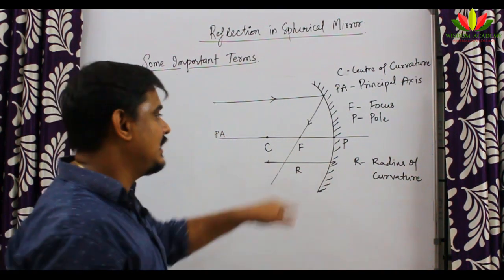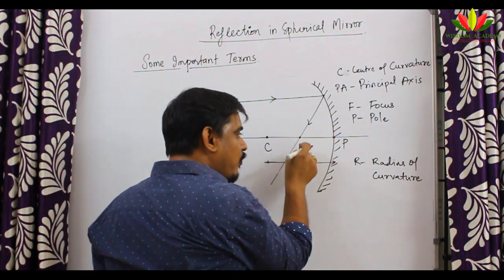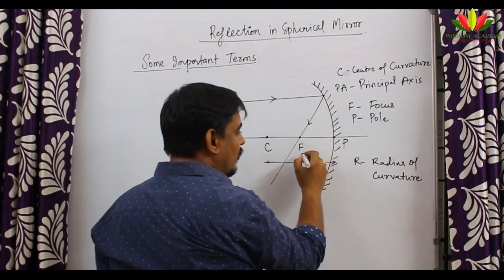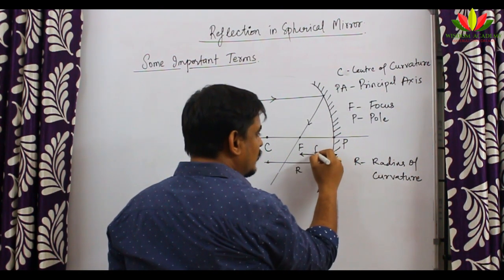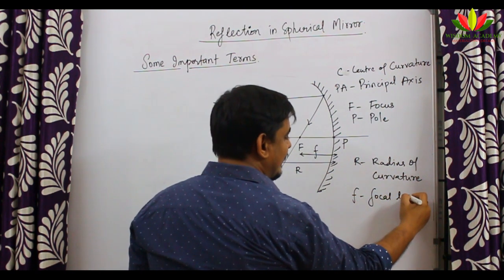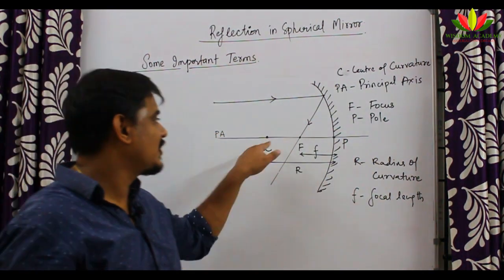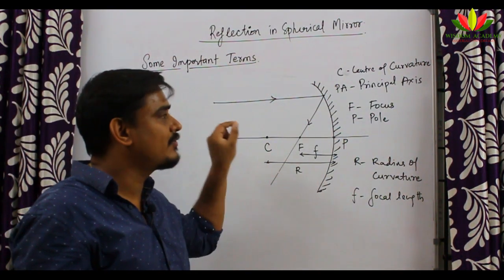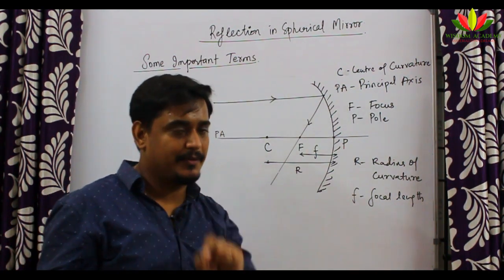Second thing, what is focal length? That is the distance of the focus from the pole. The distance of the focus from the pole is known as small f, the focal length. I will repeat all these points once again. The center of curvature is the center of the sphere from which your spherical mirror has been derived.